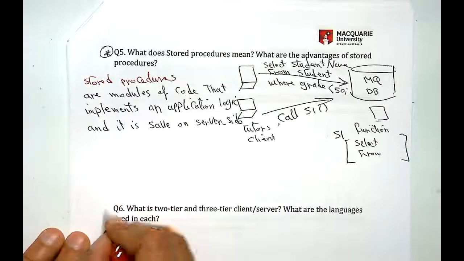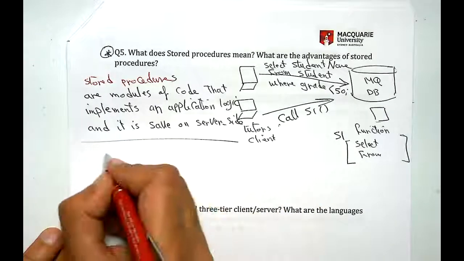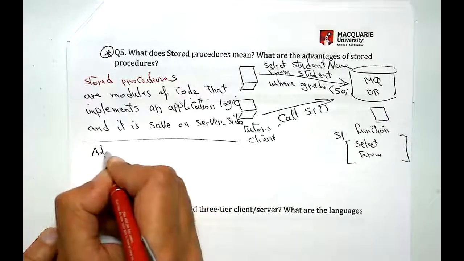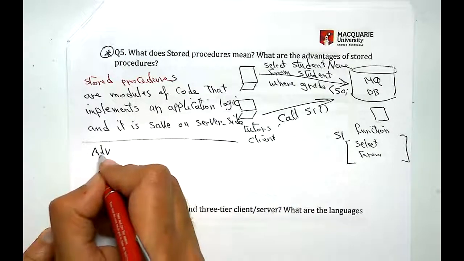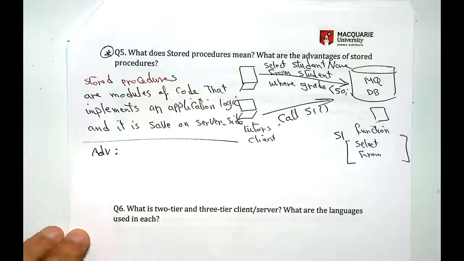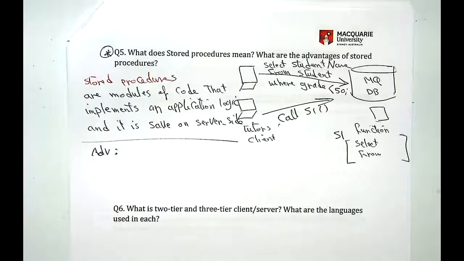So what are the advantages and disadvantages? Let's start with advantages. What are the advantages of stored procedure? List 3 or 4. Anybody can come up with some advantage of having stored procedure?